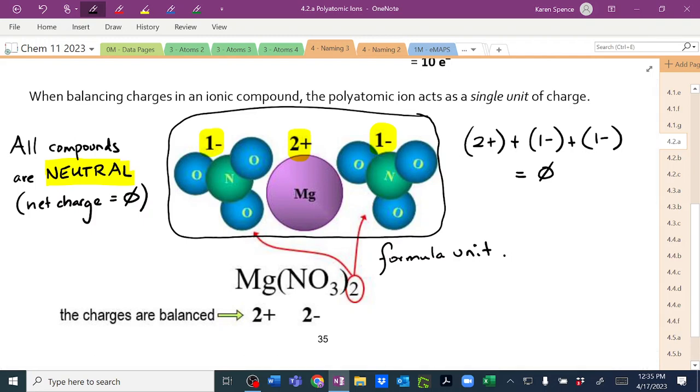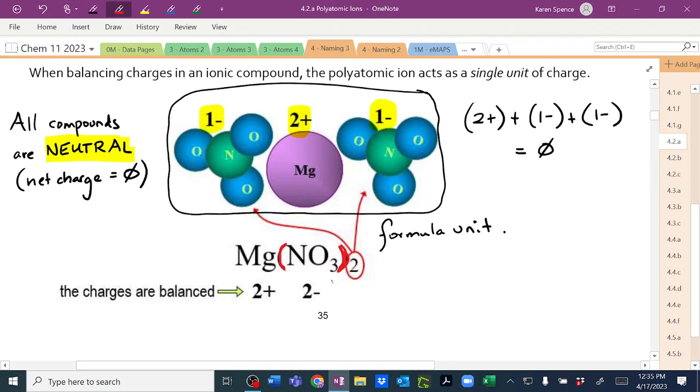And what do you notice is around the NO3? We have brackets. If you have more than one of a particular polyatomic ion, it goes in brackets.